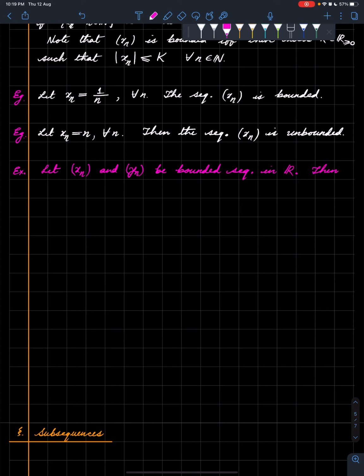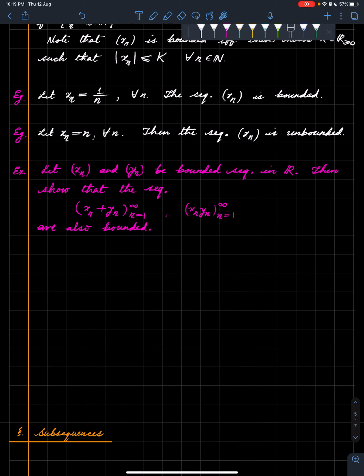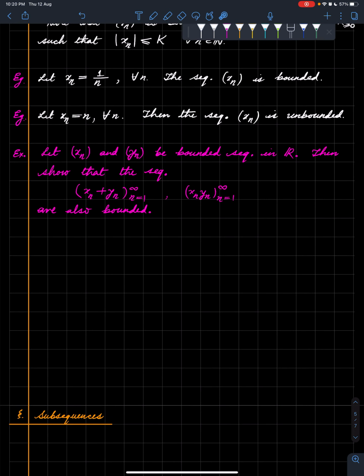Then show that the sequences that you get by adding corresponding terms and multiplying corresponding terms are also bounded. So the sum sequence and the product sequence that you get from any two bounded sequences are also bounded. Again, a very simple exercise, so I'll leave it to you.